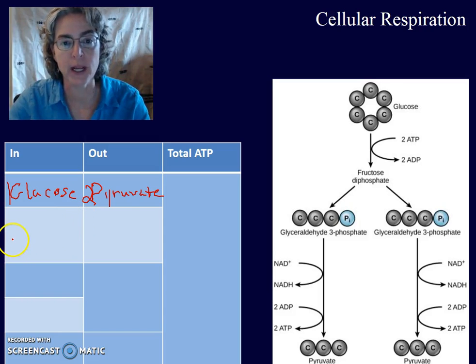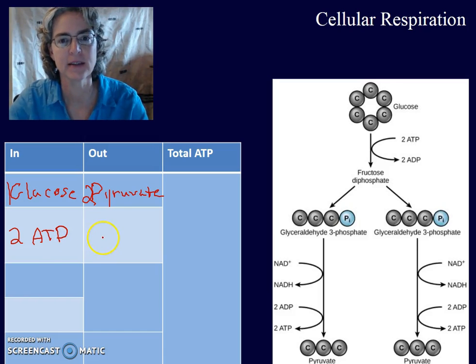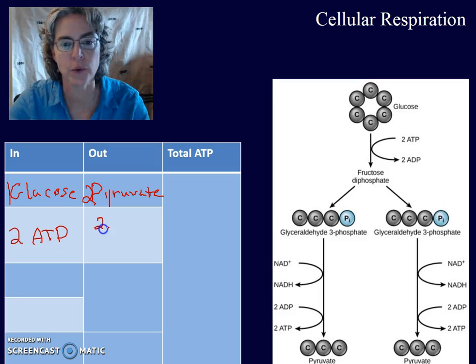We also need to put in ATP. So a little bit of ATP to activate this reaction. And what comes out then? ADP, so adenosine triphosphate, adenosine diphosphate. So each of those molecules has lost an inorganic phosphate molecule, and that's what that stands for.